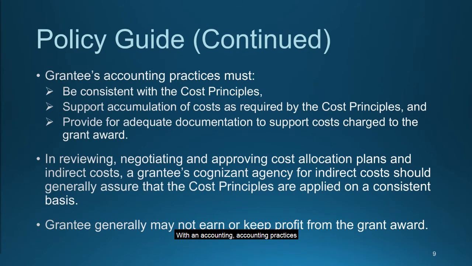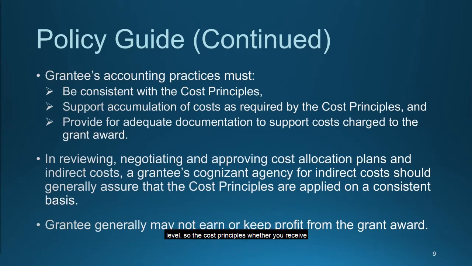Within accounting practices, we have generally accepted accounting practices, or GAAP, and that makes sure that all organizations are treating similar types of costs similarly in terms of how they accrue and how they record and report in their financial statements. The cost principles are similar to that, but on a cost determination level.